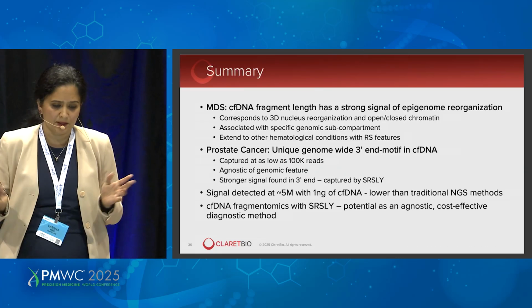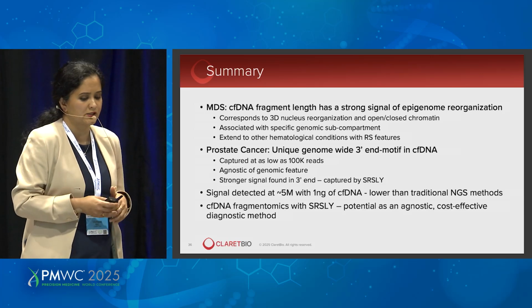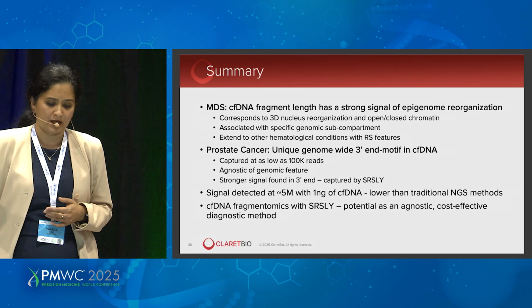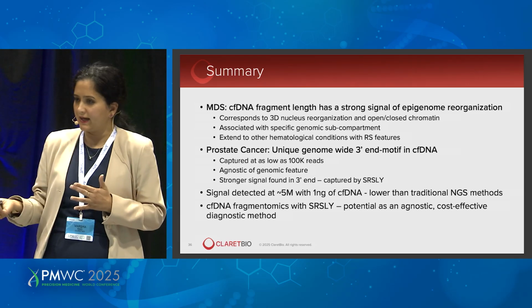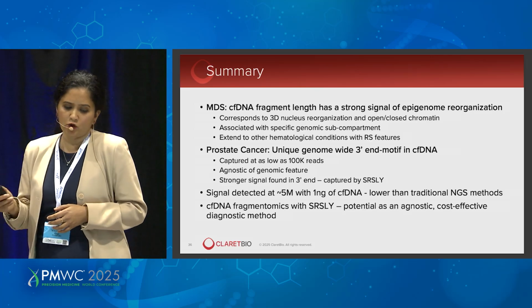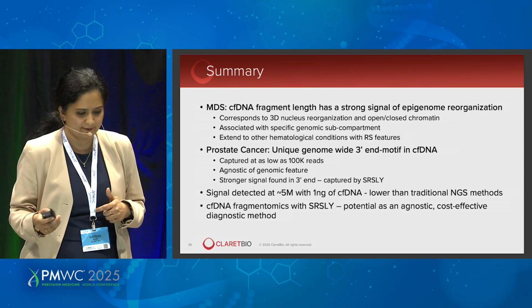With that, I'd like to summarize. In MDS, we saw that the cell-free DNA fragment length has a strong signal of epigenome reorganization. And on the other hand, with prostate cancer, we saw that there was a unique genome-wide 3' end motif in cell-free DNA.